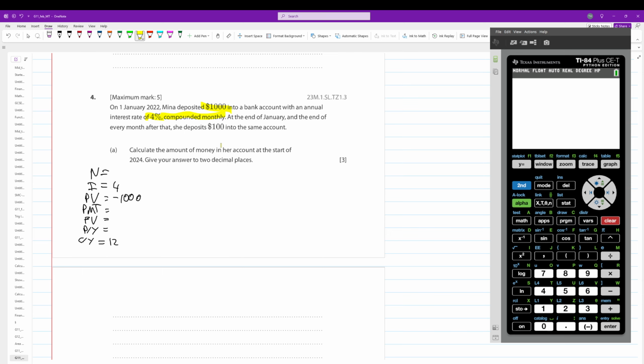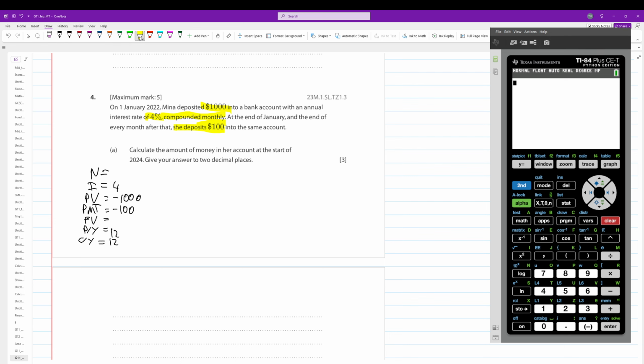At the end of January and at the end of every month, she deposits $100. So there must be negative 100 here because she's giving away that money and adding it to what's already in the account. It's a bit of a weird logic to wrap your head around. If you don't get it, come find me and I'm happy to sit down and try and go through that one with you. Future value, I have blank. Number of compounds, I also have blank.